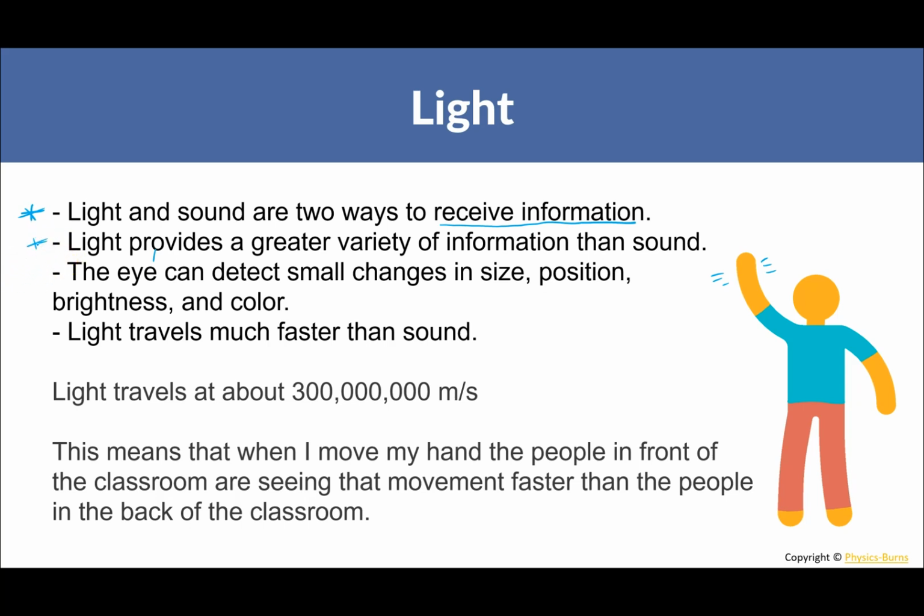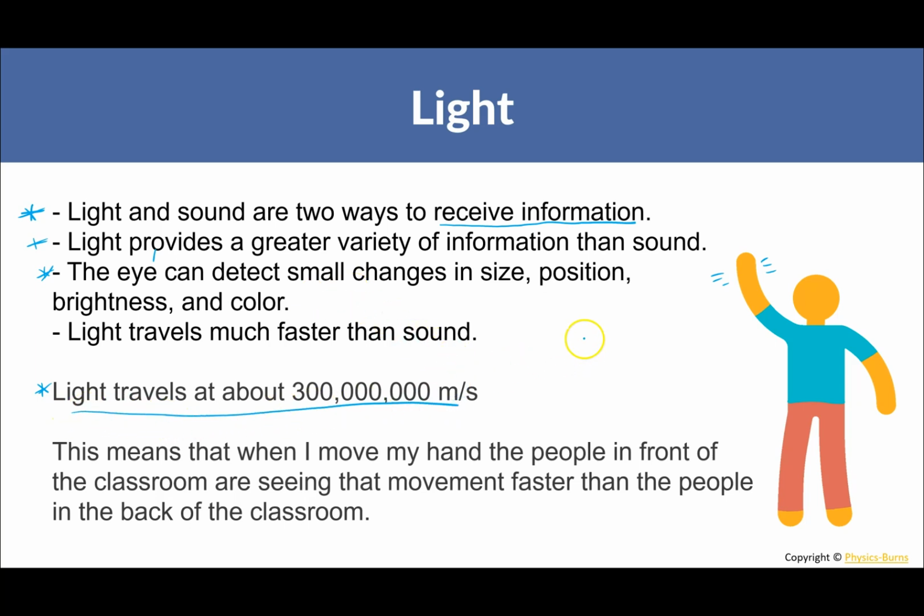Light provides a greater variety of information than sound. The eye can detect small changes in size, position, brightness, and color. Light travels much faster than sound, at about 300 million meters per second. I know we don't really think of light as traveling, but yes, light goes very fast. I think this is most obvious with a lightning bolt.